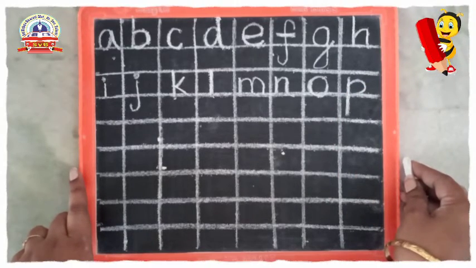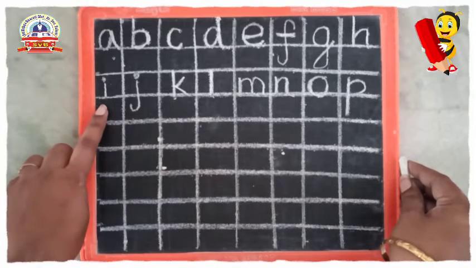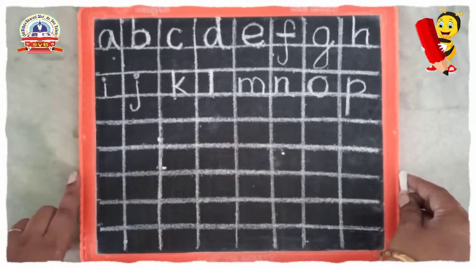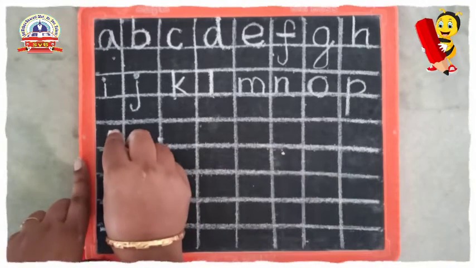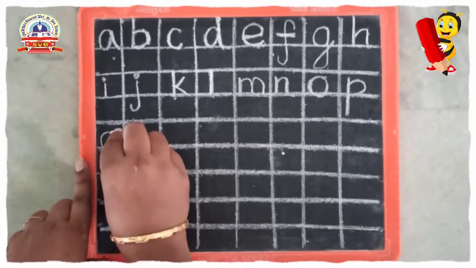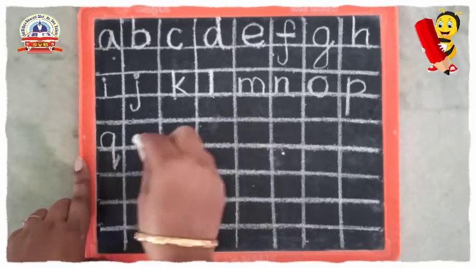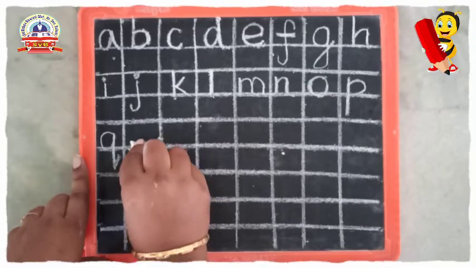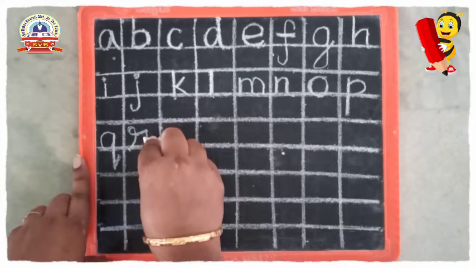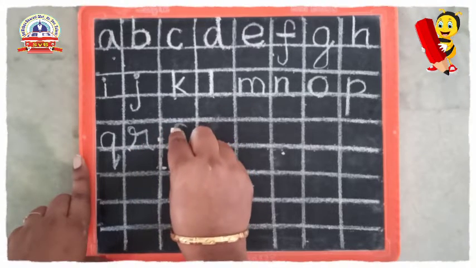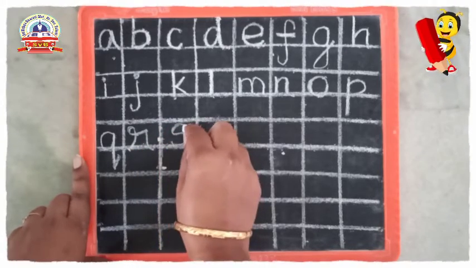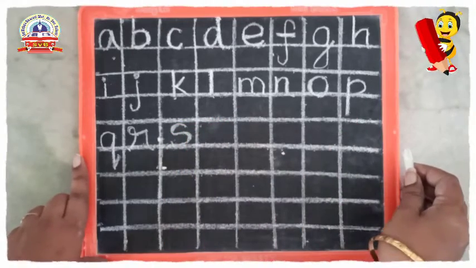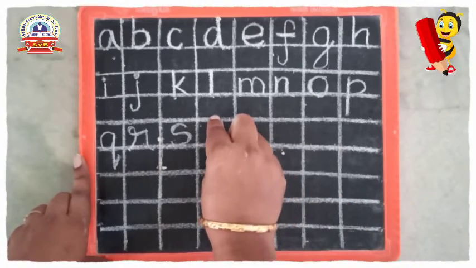Good. You have written very neatly. Children, now here we have no space. Write in the next box. Quack. See here. This is quack. Next comes Ir. The next sound follows Ik.